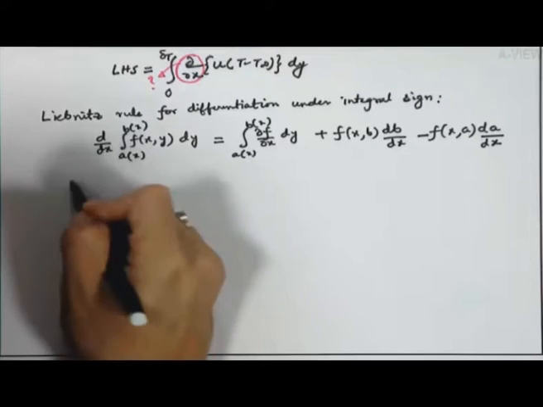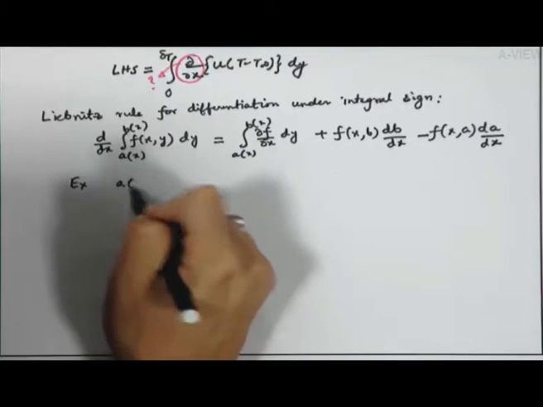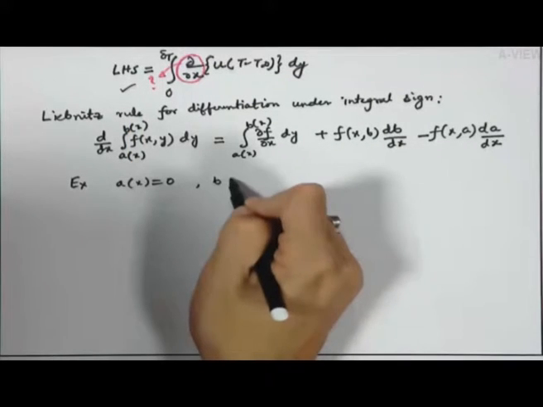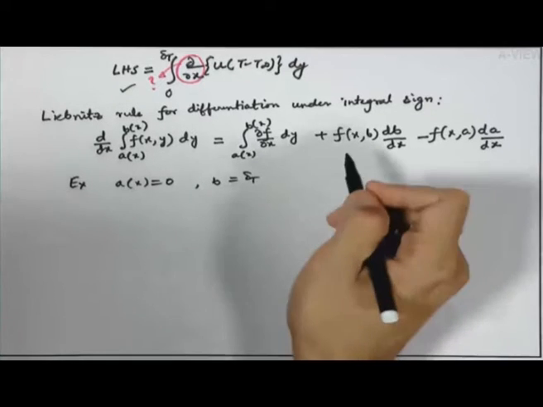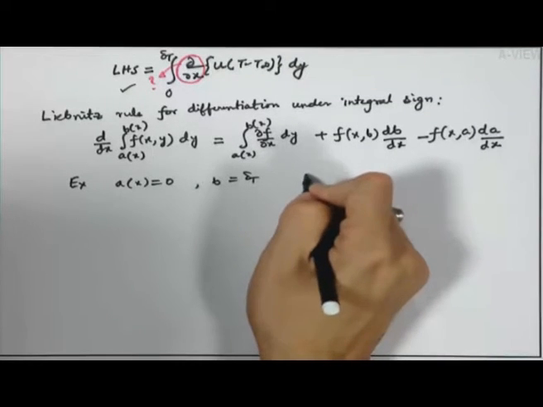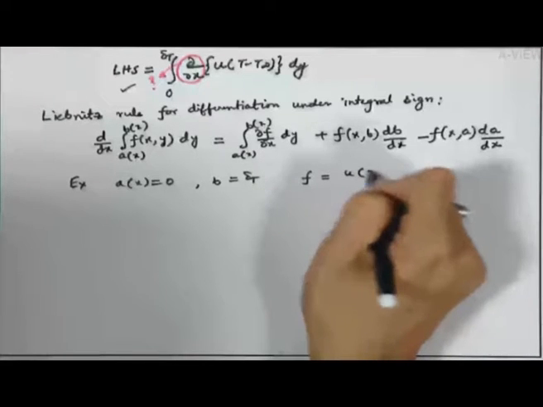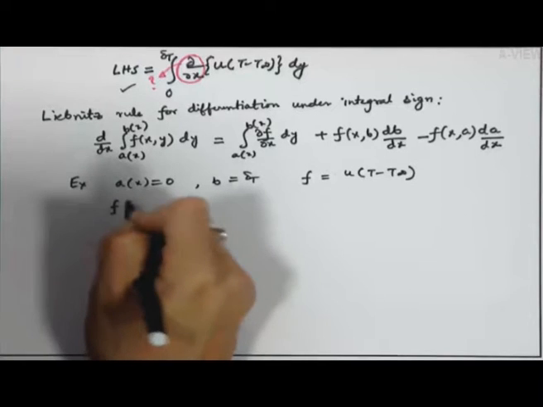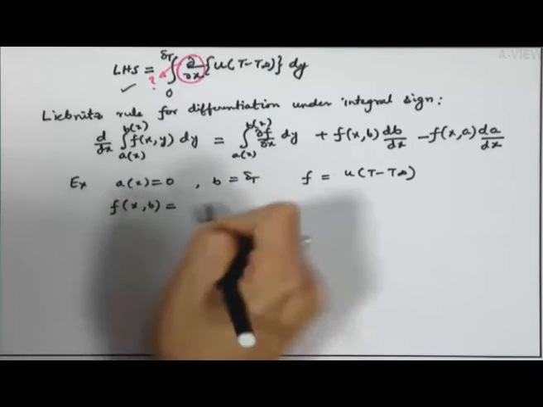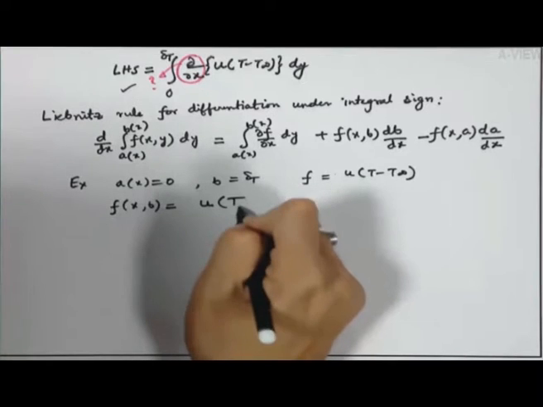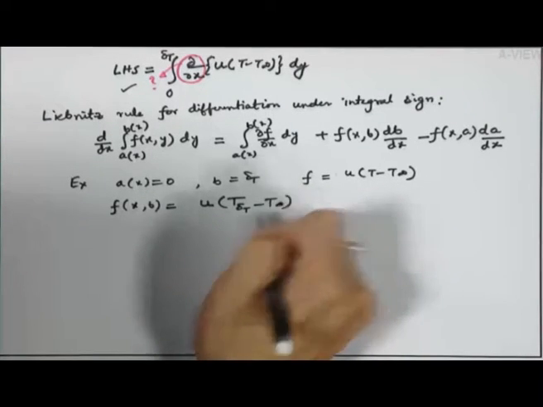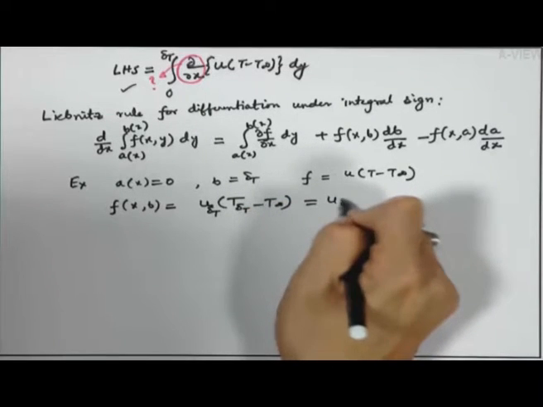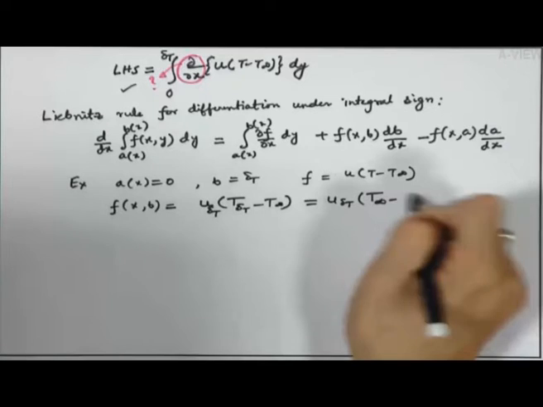Here in this example a is 0, just look into this expression, b is delta t which is a function of x, and f is u into (T minus T infinity). So, f at b is equal to u into (T at delta t minus T infinity), u at delta t into, T at delta t is nothing but T infinity, so this is 0.